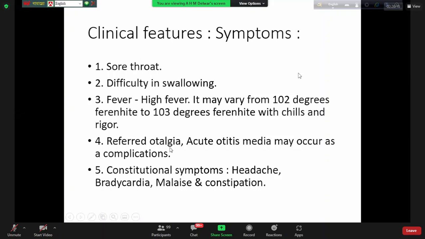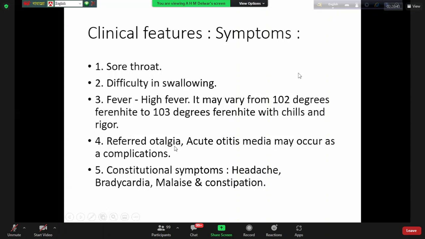There is a referred otalgia. Acute otitis media may occur as a complication. Referred otalgia means the same nerve supplies the tonsil and also the ear. So there is the glossopharyngeal nerve, vagus nerve. It is the same supply to the throat, tonsil, and the ear.